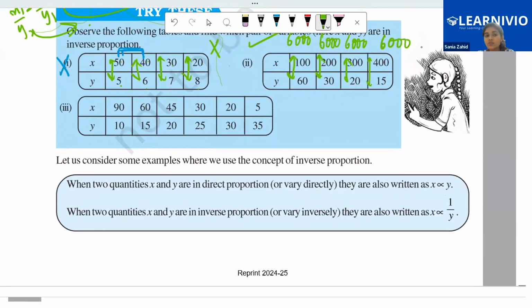Okay, so 90 into 10 is 900. 60 into 15 is 900. 900 again. No, but it's 750 here. It's 600 here. It's 175 here. No, it's not in inverse proportion.